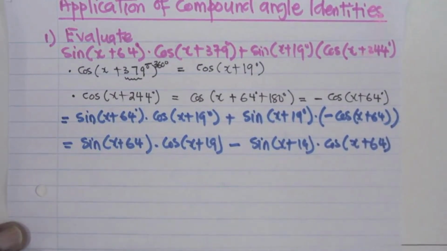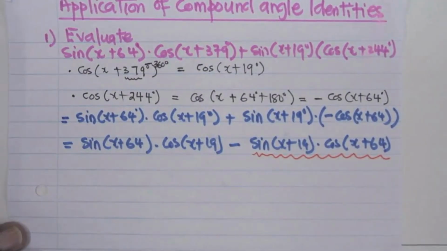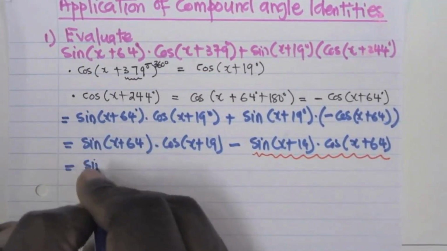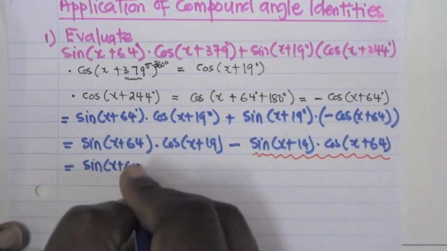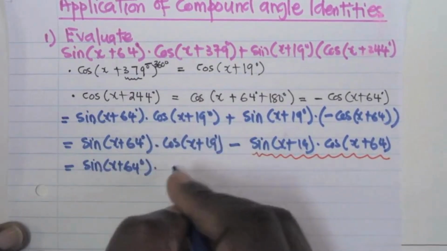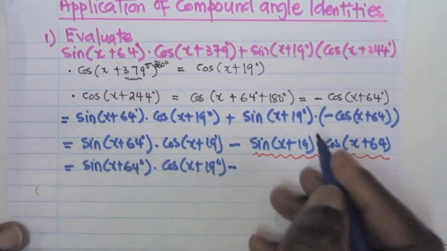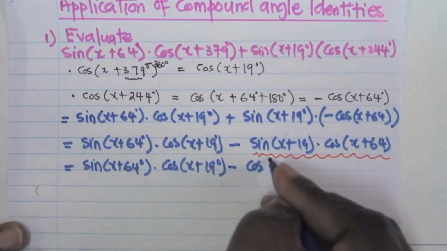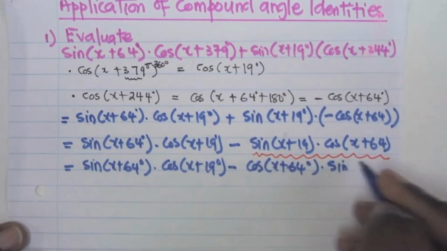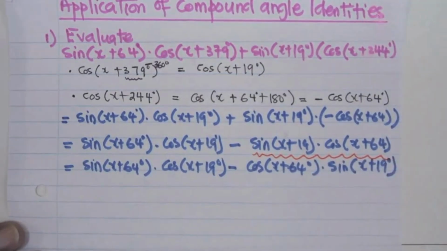And when I look at this part here, I can rearrange. So this one stays the same. Minus cos(x + 64 degrees) sin(x + 19 degrees).